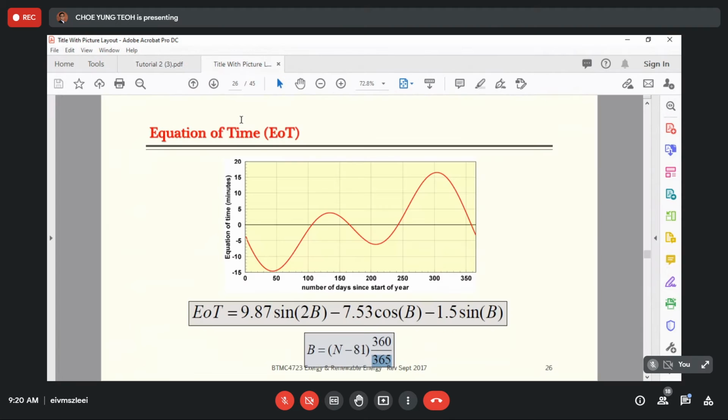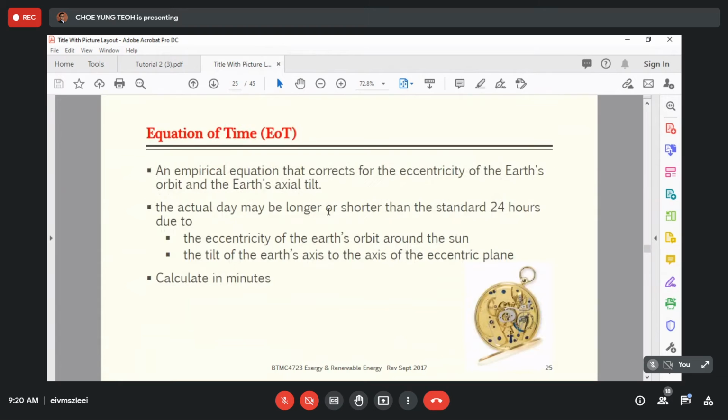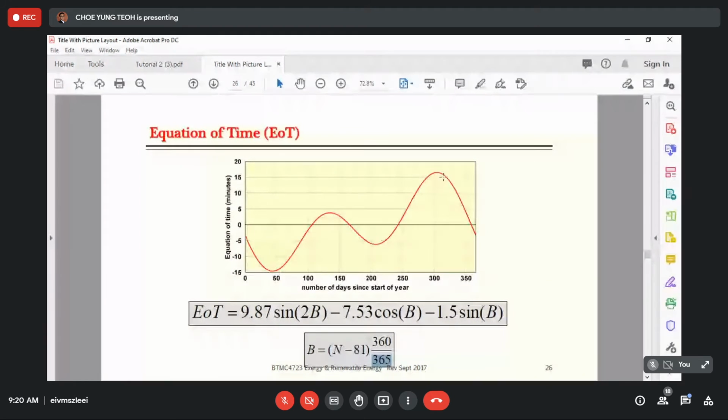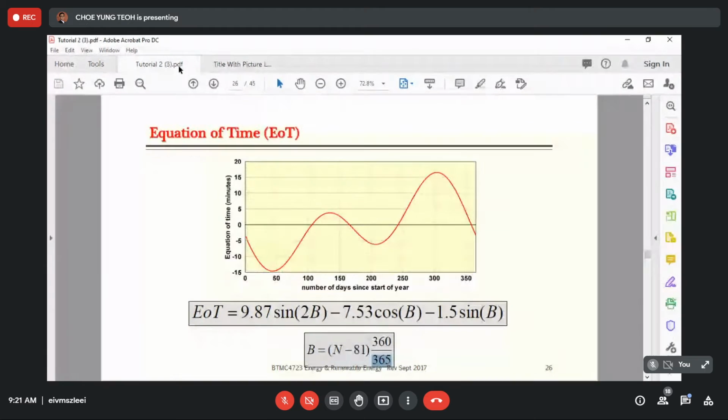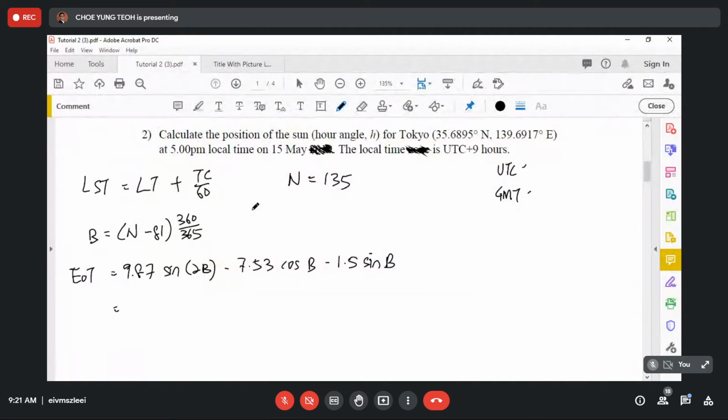Why do I say so? If you refer to the graph of EOT, the maximum value is around 16 and the minimum value is around negative 15. So if your value is outside this range, normally something is wrong. Okay, good. The final answer is 53.26.